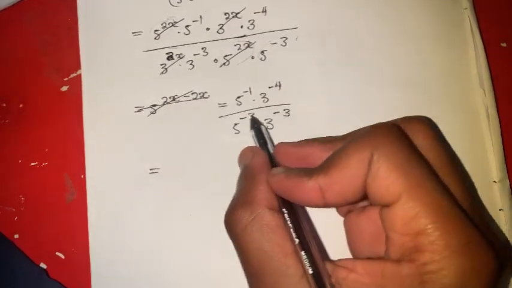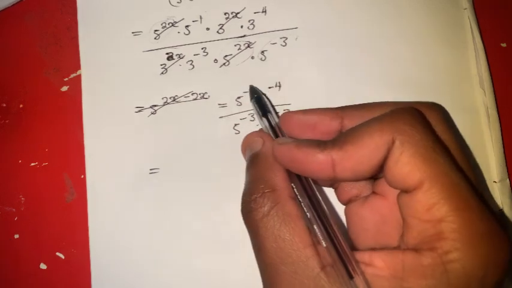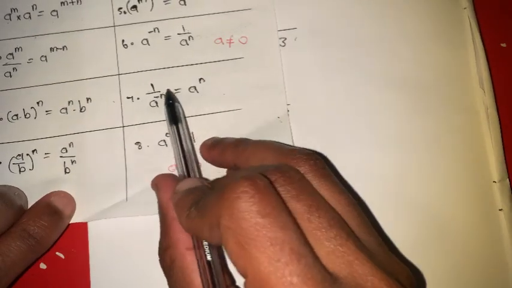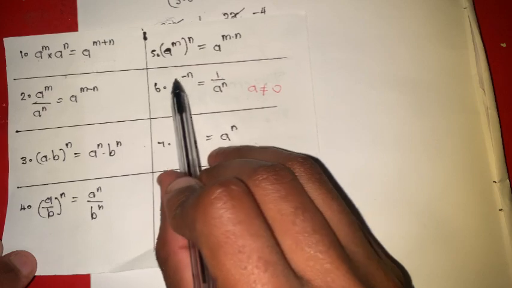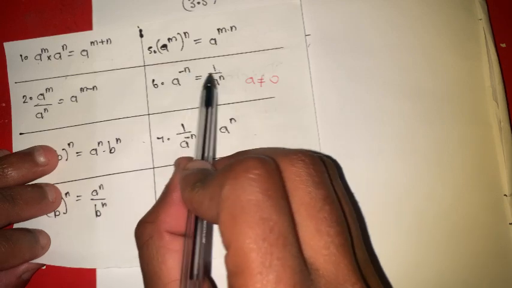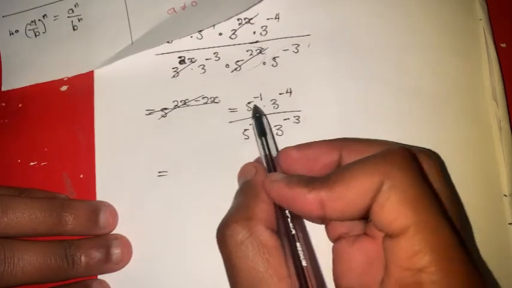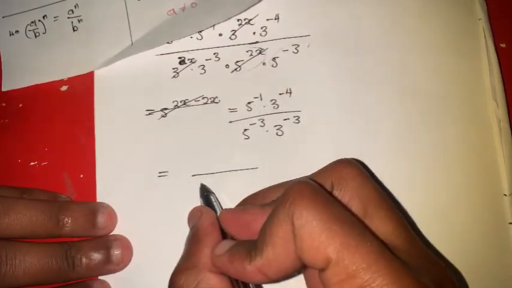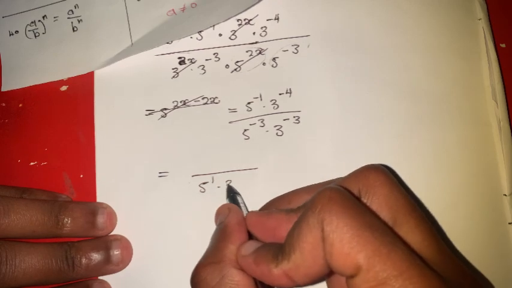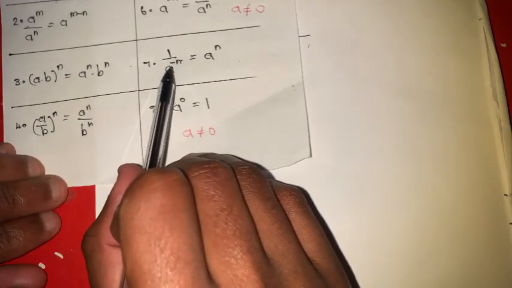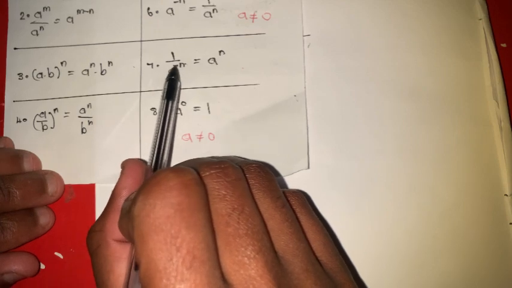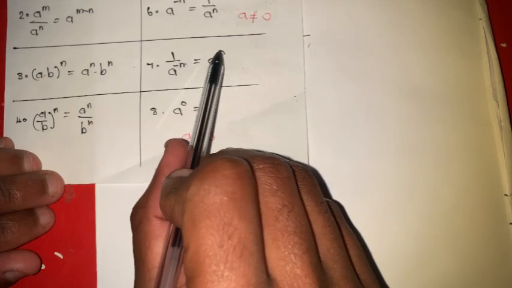So the negative exponents in the numerator will go to the bottom, and the negative exponents in the denominator will go to the top. When your exponent is negative, you express it as 1 over the base with a positive exponent. And when, in your fraction, the exponent of the denominator is negative, you will have it like that.